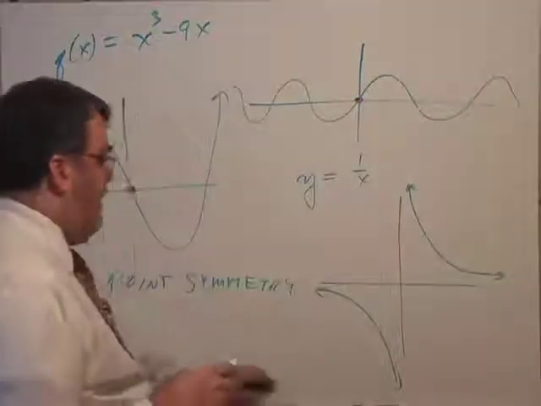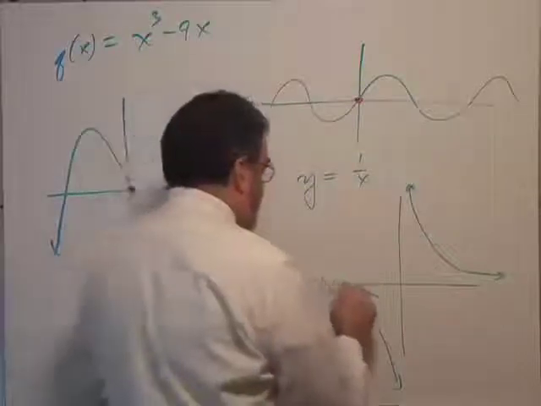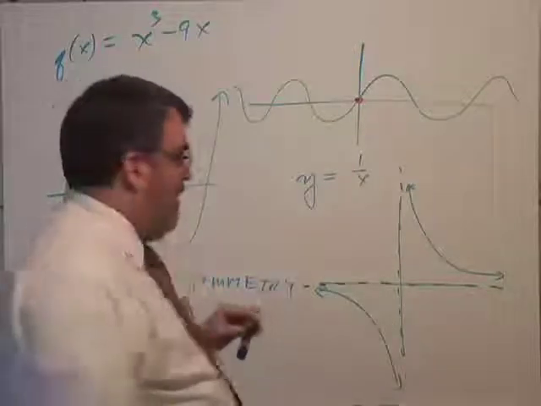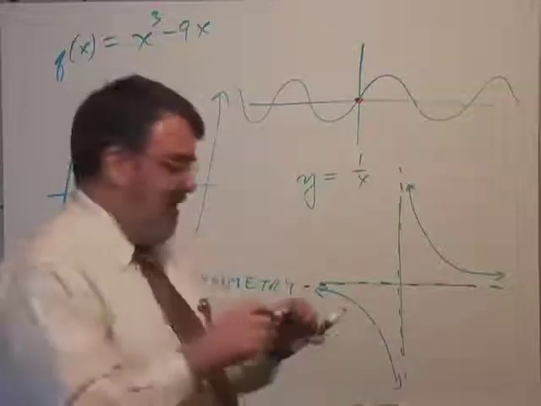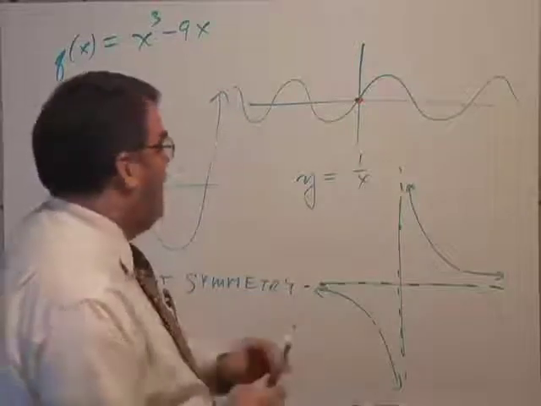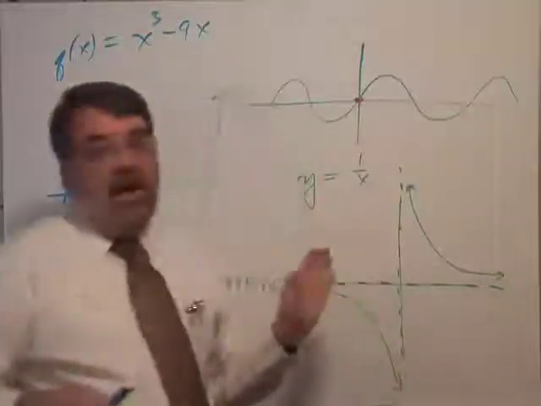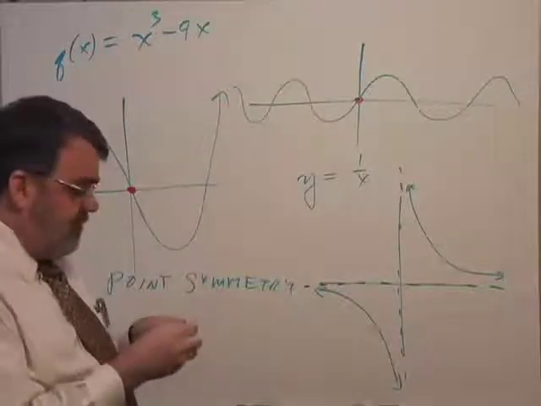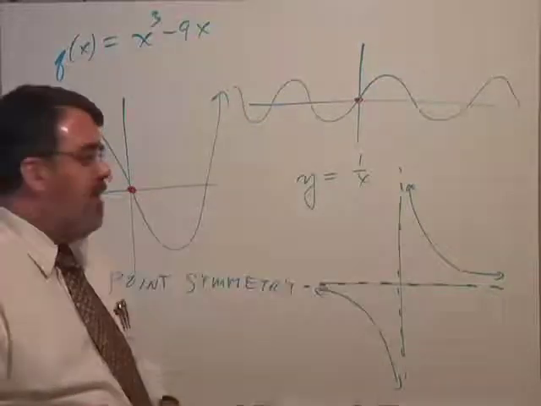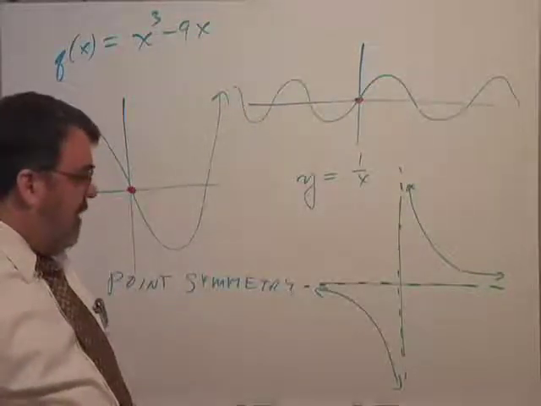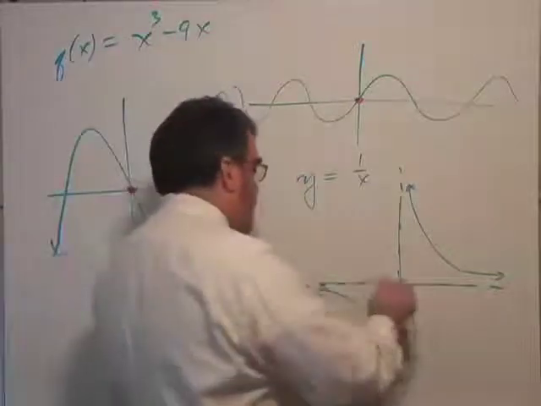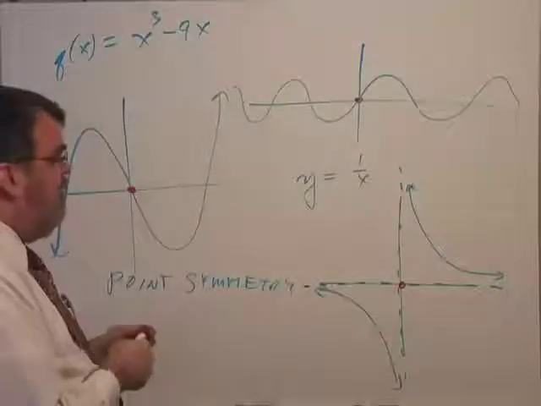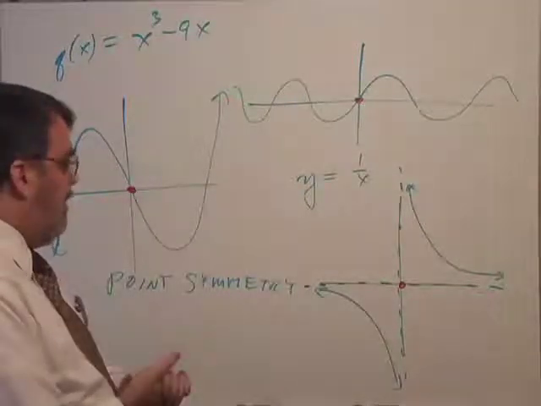We usually draw it with dashed lines. People call them dotted lines, but I find myself drawing dashed lines, so I call them dashed lines instead. These lines are called asymptotes, so we'll learn about that later also. The hyperbola is kind of a funny looking function. But if you took the right half, for example, and rotated it 180 degrees, it would turn into the left half. So it too has point symmetry about the origin.